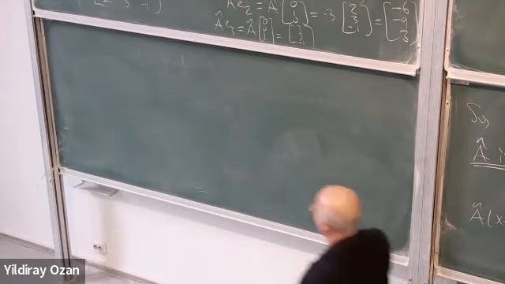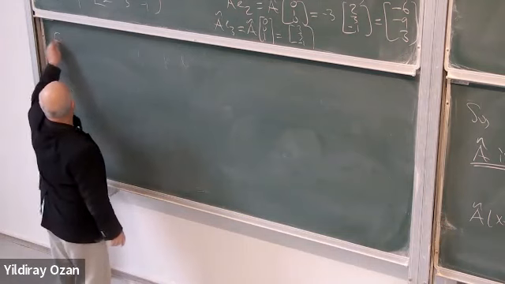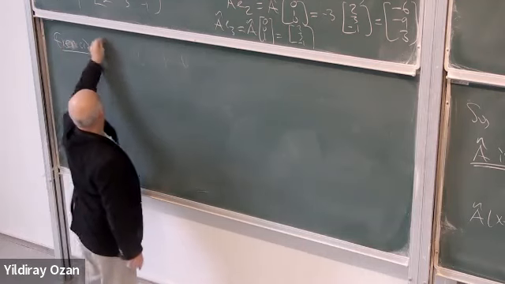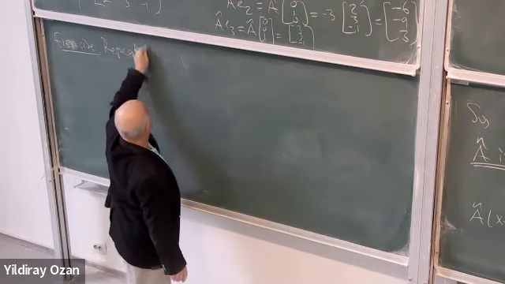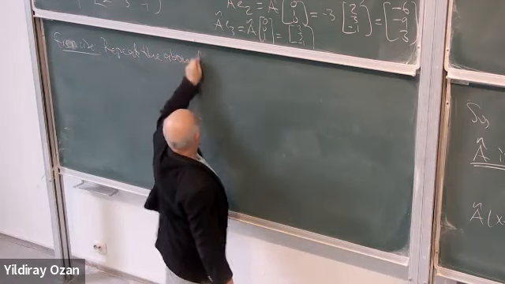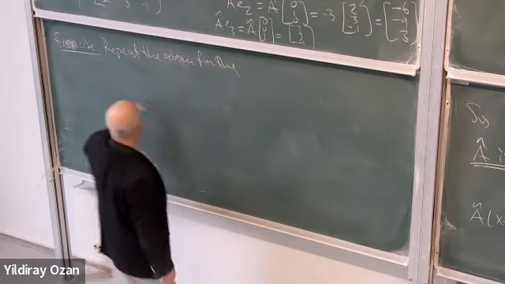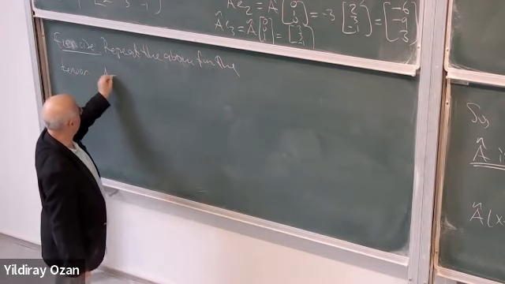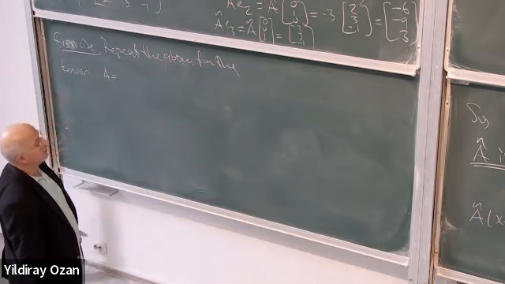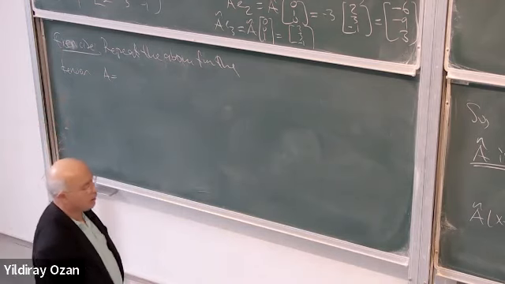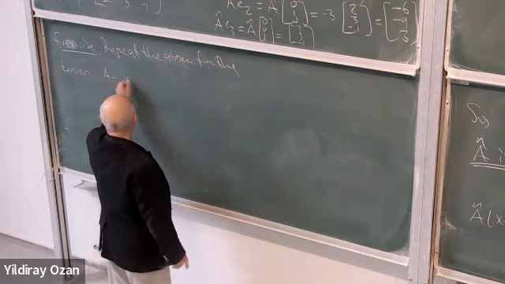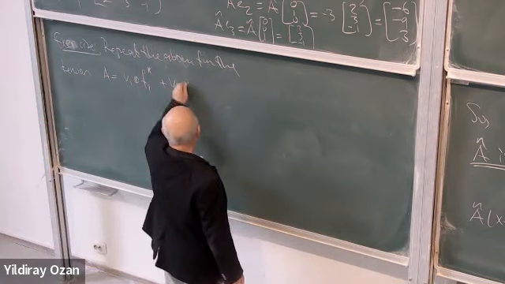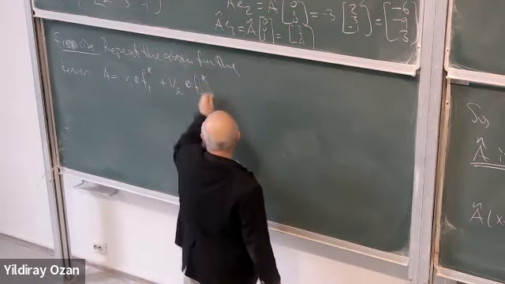Tabii yani size şu exercise vereyim. Exercise. About for the tensor, A şu tensör için yapalım. Ve bir F1 star plus B2 F2 star.